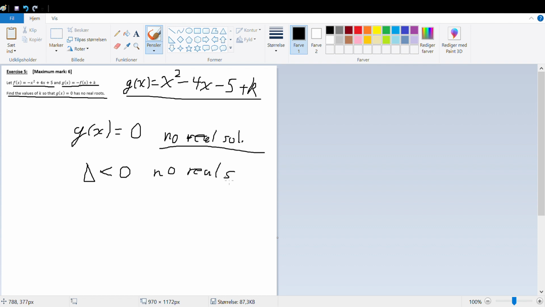This is a basic fact about quadratics that I hope you can remember. Now, what is the discriminant? Well, the discriminant is b squared minus 4ac. You can find it many places. It sort of appears in the formula booklet, but you do have to look a little bit carefully for it.